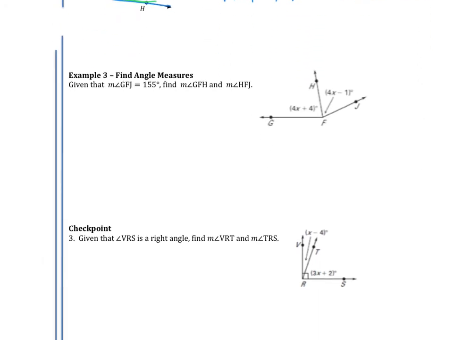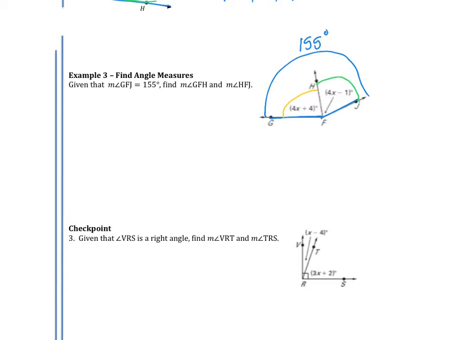Okay, so how does this work? There's an example on this. Given the measure of angle GFJ is 155. So G to F to J, this entire angle is 155 degrees. They give us the two smaller parts. So you see how inside there, there's this angle and this angle.